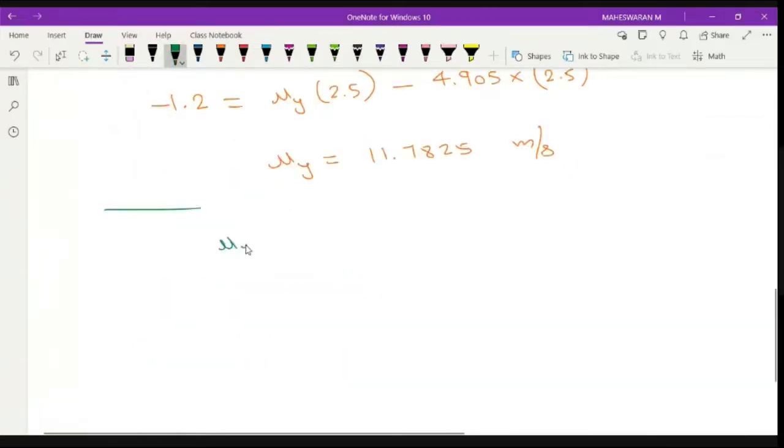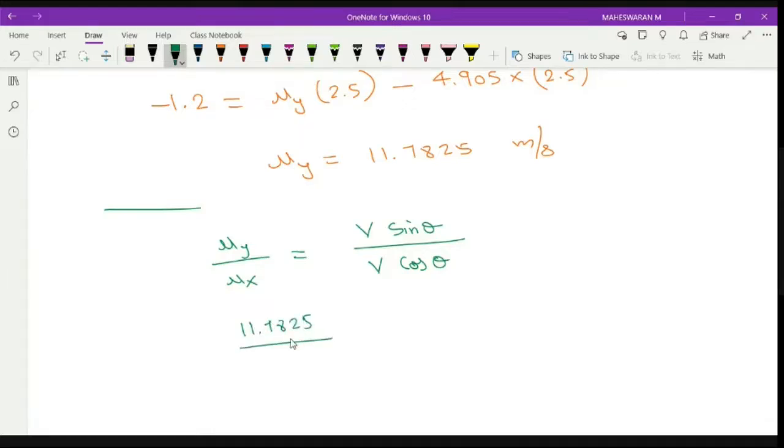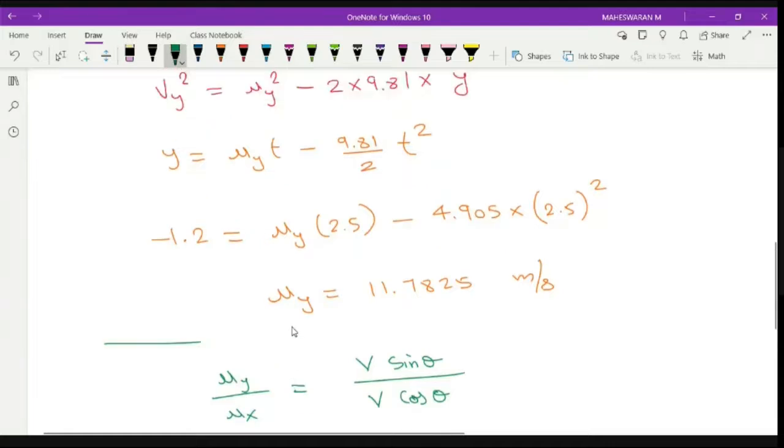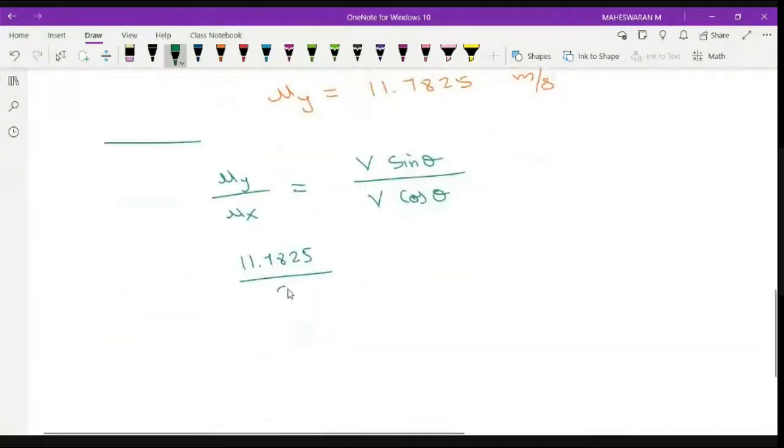So I am going to divide Uy by Ux. What is Uy? V sin theta divided by Ux, V cos theta. So Uy is 11.7825 divided by Ux, and Ux is 20.